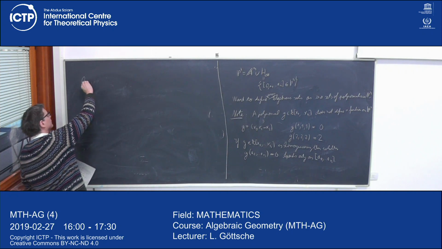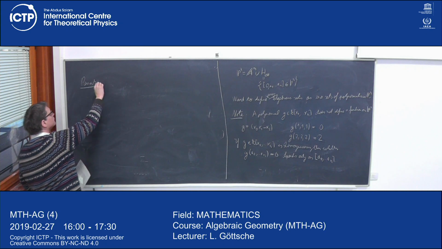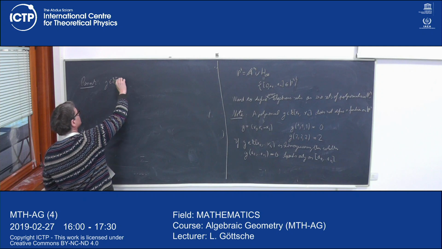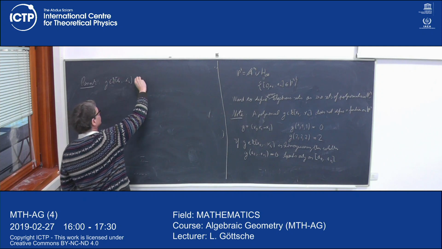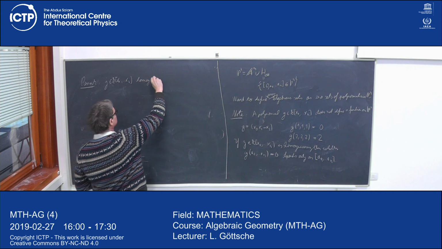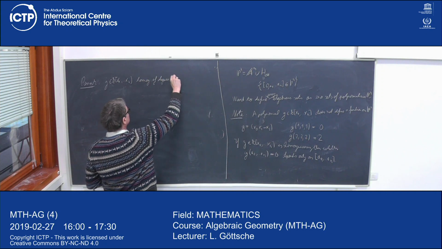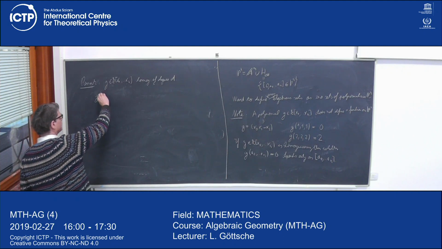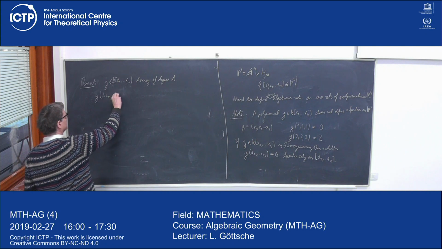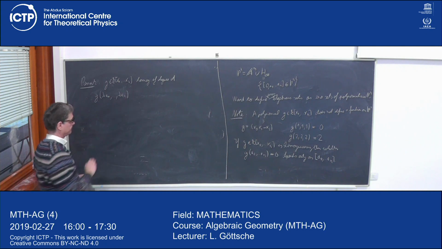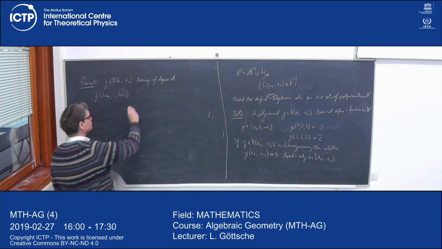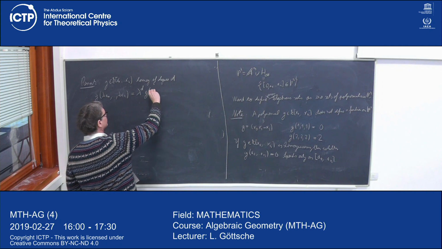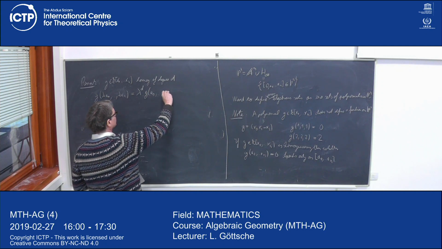So if I say that G in K[x0, ..., xn] is homogeneous of degree d, then if we take G of (λa0, ..., λan), I claim this will be equal to λ^d times G(a0, ..., an).